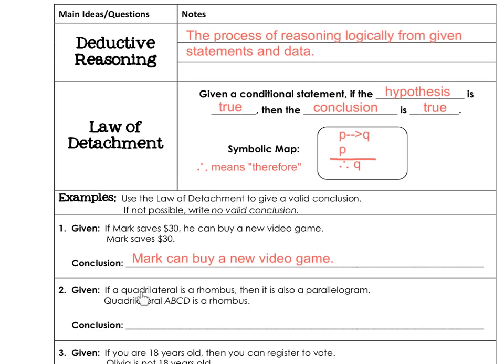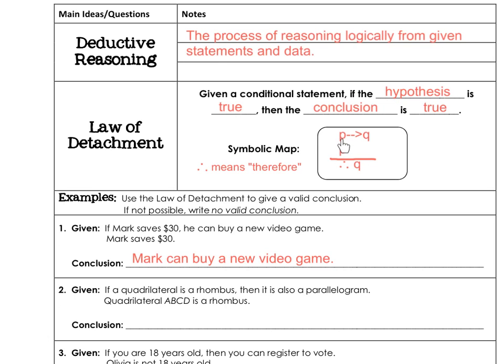So based on the fact that our hypothesis states a quadrilateral is a rhombus, and that in this situation we have a quadrilateral that is a rhombus, we can conclude that quadrilateral ABCD is a parallelogram. Simply stating, we've restated the hypothesis, therefore the hypothesis is true in this situation, and therefore the conclusion is true. So we can make that conclusion then.